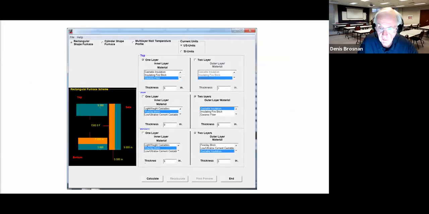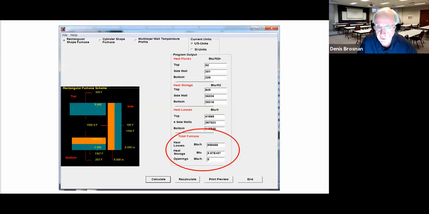So given that, you set up the program with the lining design that's been given to you, and you hit calculate. And when you calculate, in this instance, we're looking at the total furnace heat storage and heat losses down here. Back when we were comparing the heat flow program to eSolutions, we were looking at fluxes through the wall and storage per square foot through the wall, but now we're operating the whole furnace.